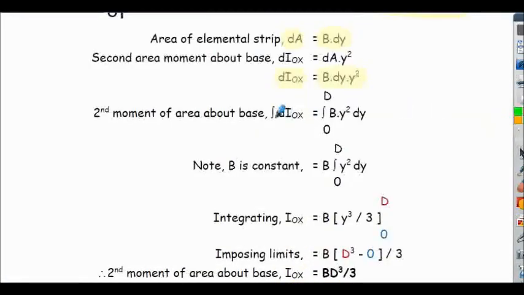Next we integrate to find the second area moment of the rectangle about the base, noting b is a constant, which we move to outside the integral, and integrating using the standard form between our limits and imposing the limits. So again, the IOX is bd cubed divided by 3. So just a slightly more detailed solution for your reference.